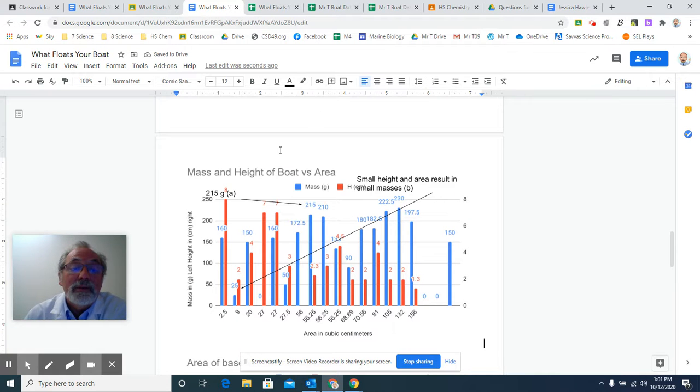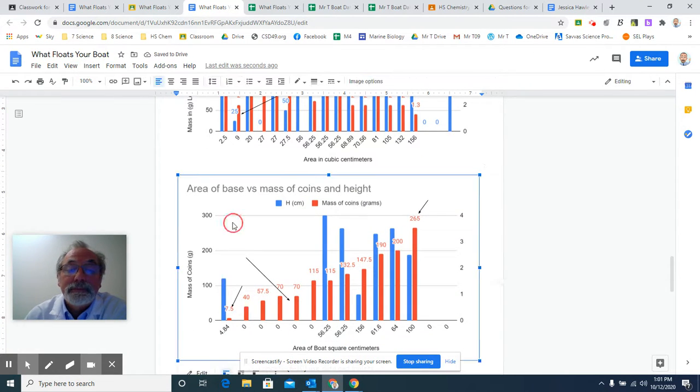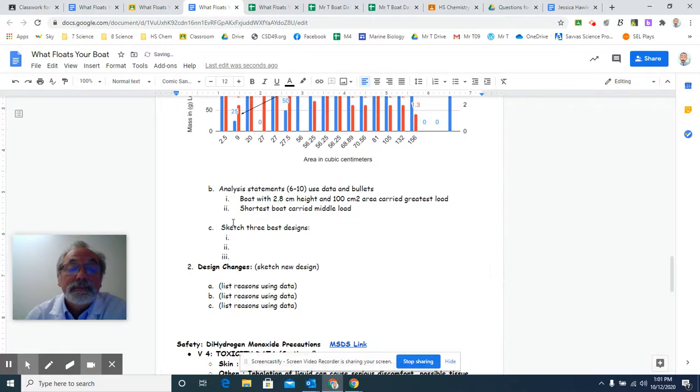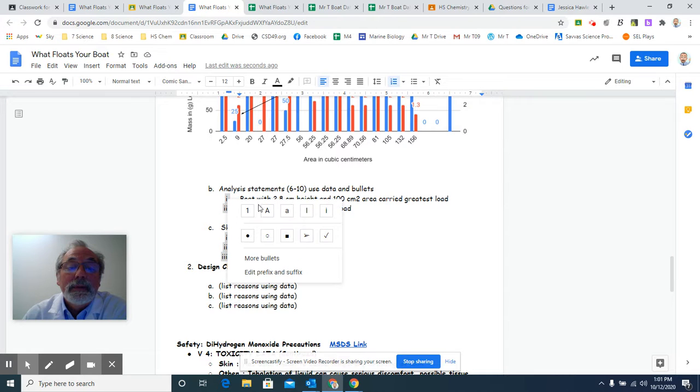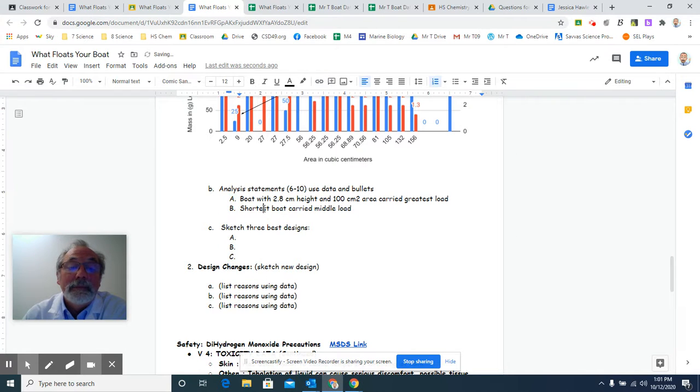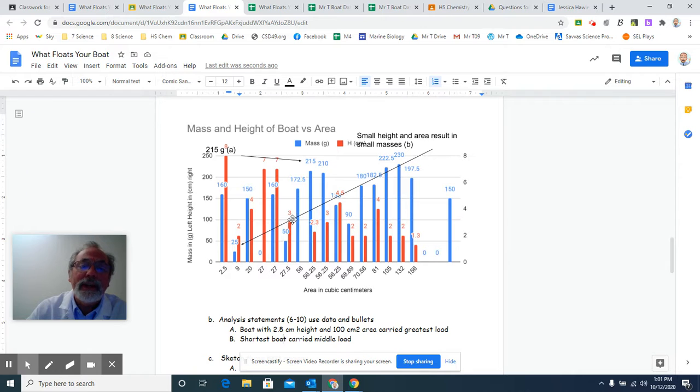Now down below, this could be A and B, and then you could change it and write down what the data points would do. Here, you're going to analyze the different parts of the graph.